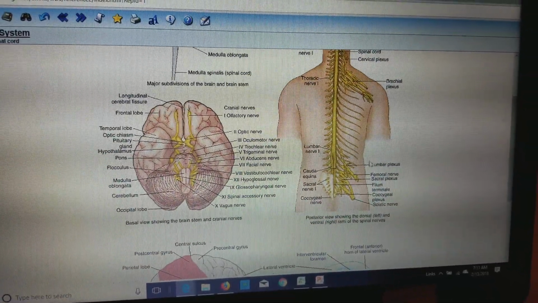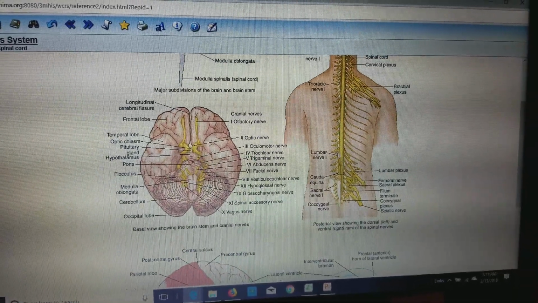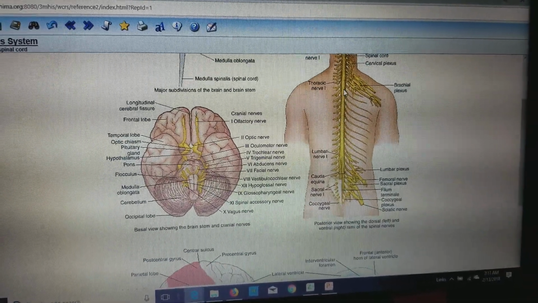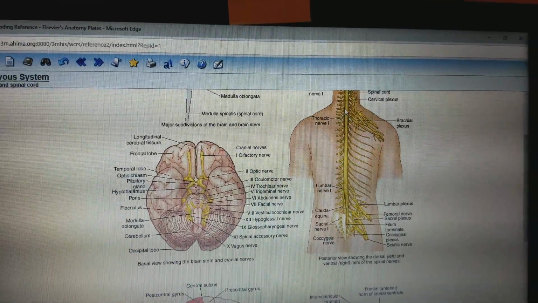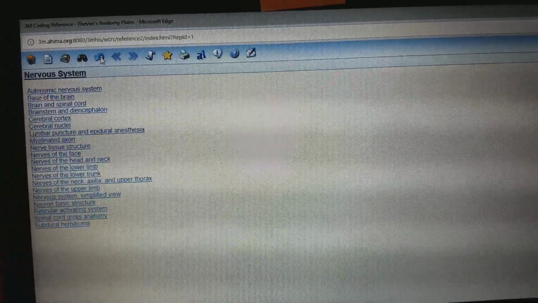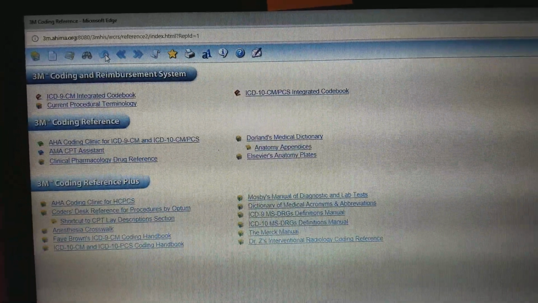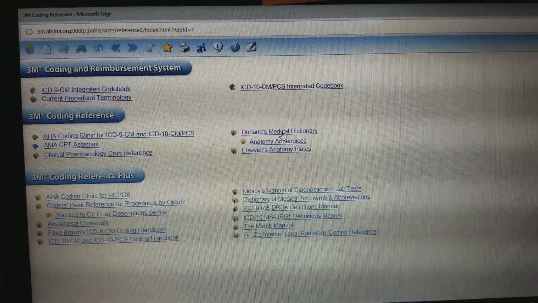So when you get into some of your back procedures, then you actually know where the lumbar is located, the thoracic, the sacral, and the cervical. So back arrow again, back arrow, and then you go back out here to the main. So you have Dorland's Medical Dictionary.